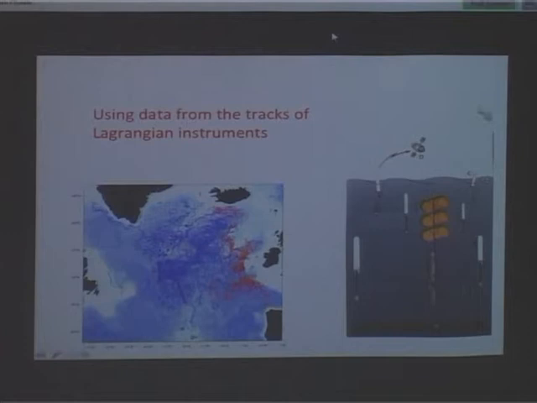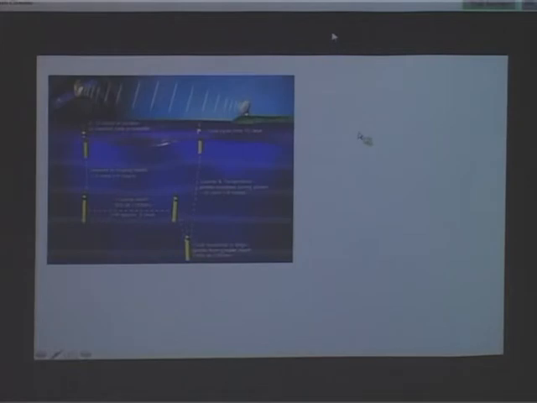Then they drop the weight, come up to the surface after so many months, and dump that information to a satellite. That's how you get these tracks here. So they would be tracks thought of as fluid particles at a certain depth.